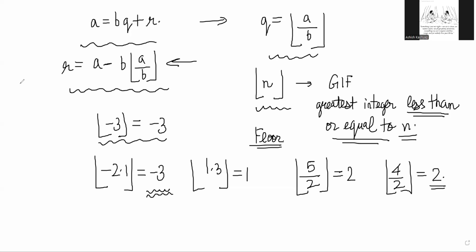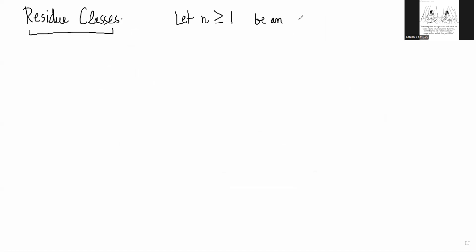Then let's talk about one important thing that comes out of this definition, and that is the idea of residue classes. This is a very important idea which we will come back to many times in the future. But for now, let's try to define it. Let n greater than or equal to 1 be an integer.